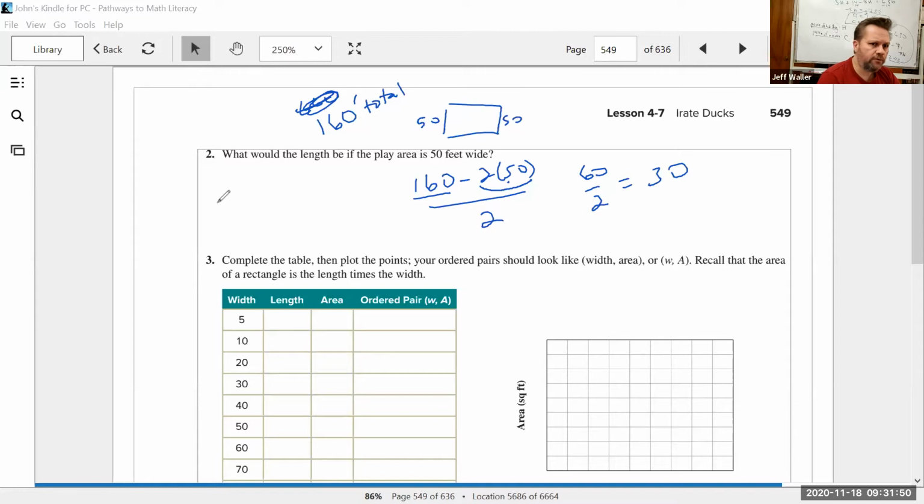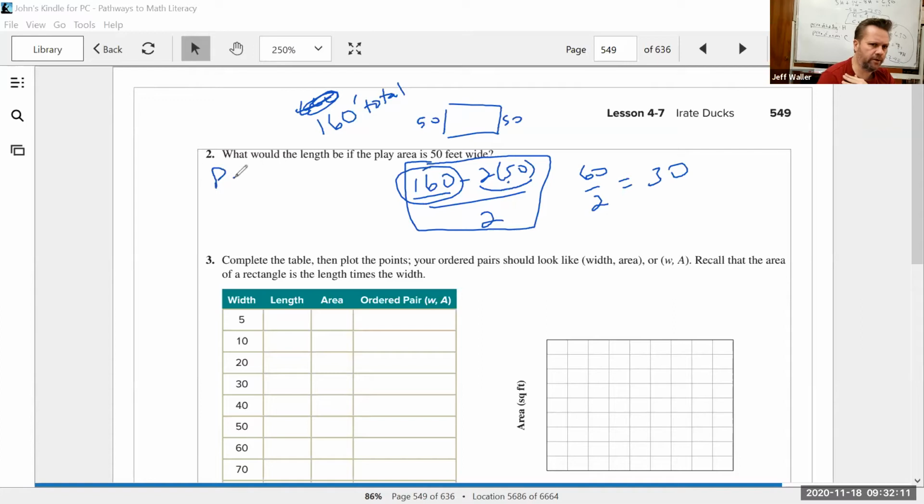So in general, if I'm given the perimeter, let me see if I can push this a little bit. Which part of this was the perimeter? Which number? 160. That was all the way around. That's the fencing all the way around, right?